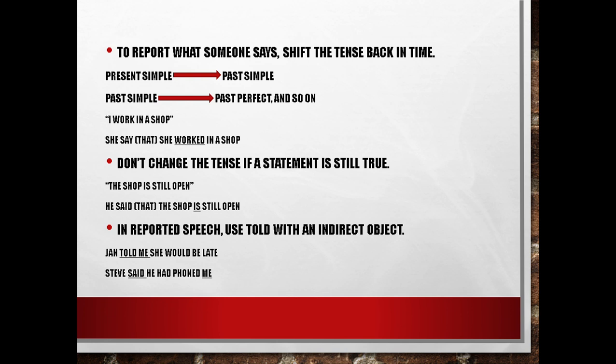The third rule is in reported speech, use told with an indirect object. For example, Jan told me she will be late. Told me, told plus the indirect object. And Steve said he had found me.